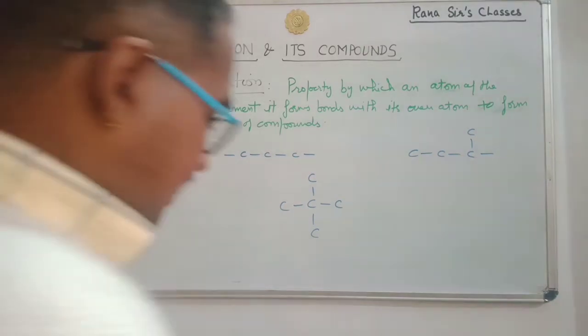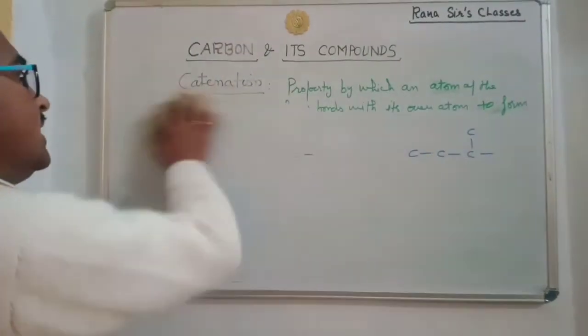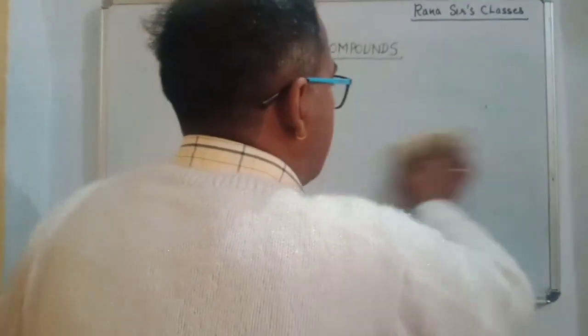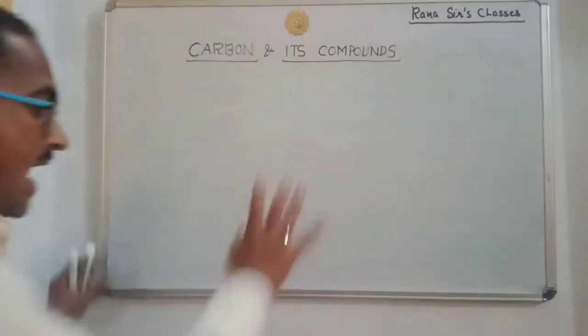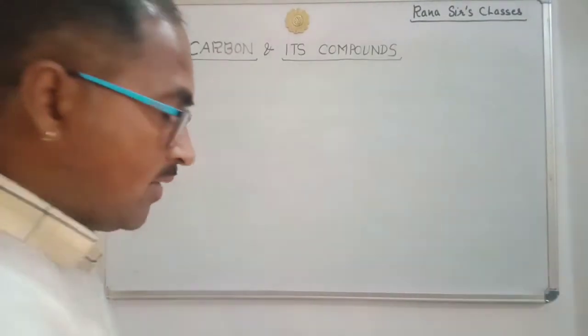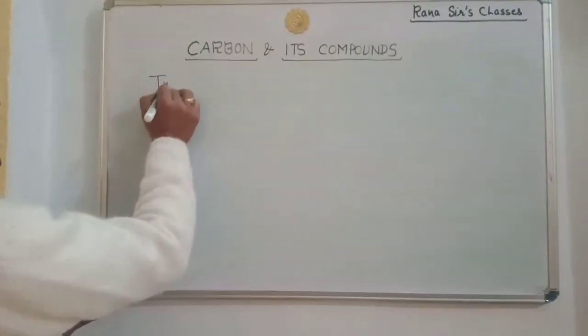Now we come to covalent bonds first, because here we will try to understand these carbons are attached, but they are attached with covalent bonds. So we have types of covalent bonds.